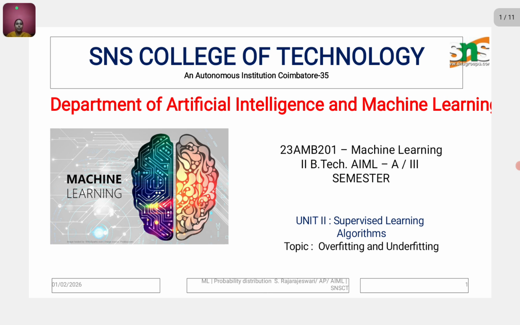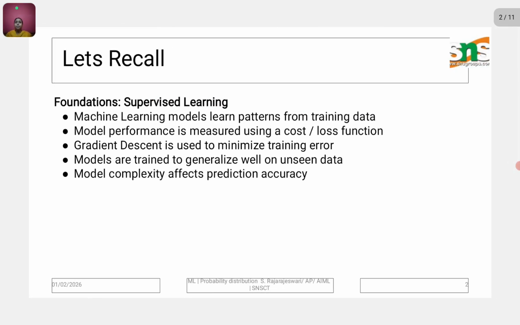Now we are going to see about overfitting and underfitting. First we have to recall supervised learning, which we have seen in the last class. It learns patterns from the training data.